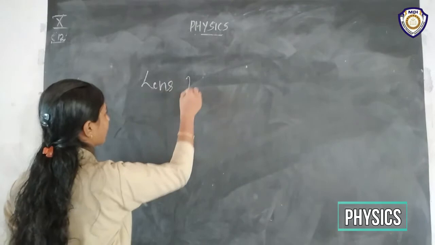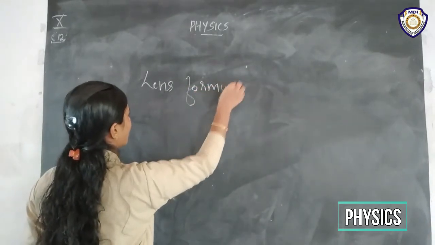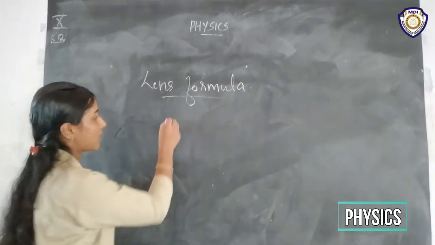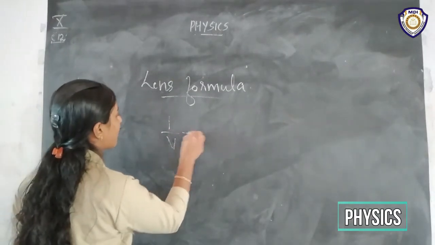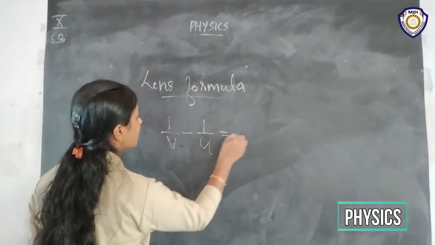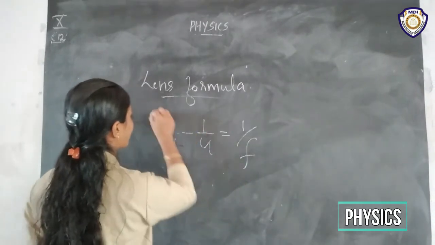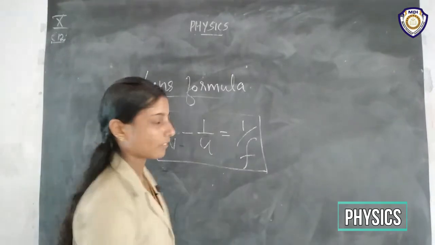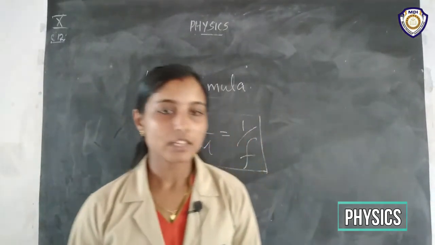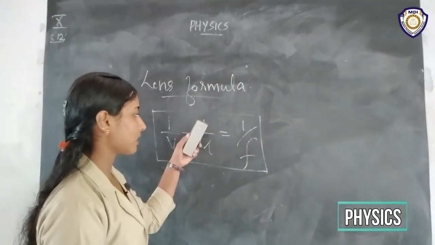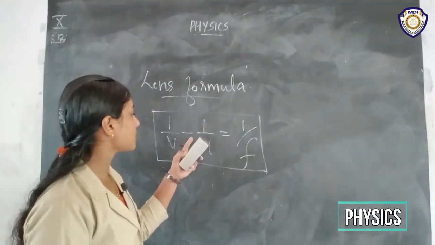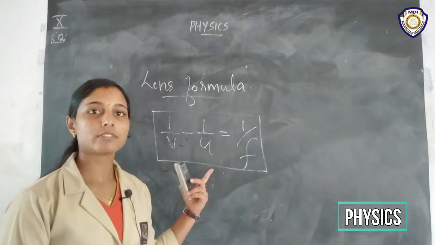So what is the lens formula? The lens formula is 1 by v minus 1 by u is equal to 1 by f. There is only a change in this negative sign, the only change from the mirror formula.